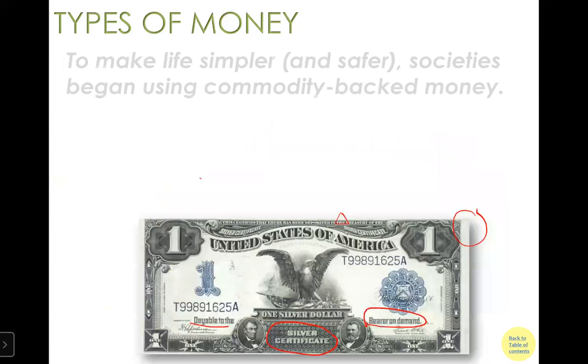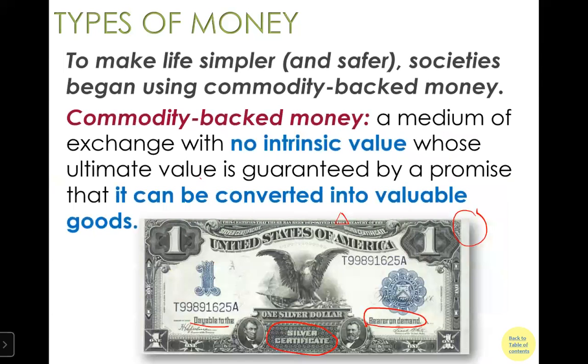Right? But then in this commodity-backed money, the paper itself has no intrinsic value. So this intrinsic value is guaranteed by a promise. That's the difference. Now, this is an improvement compared with commodity money, in a sense.